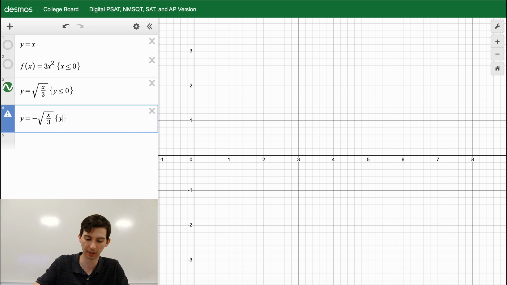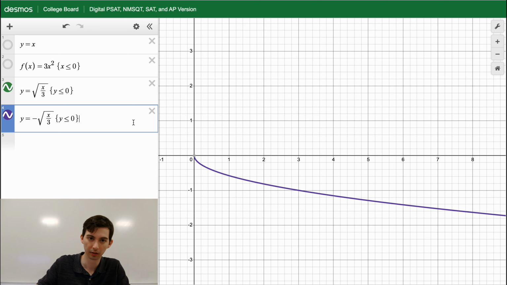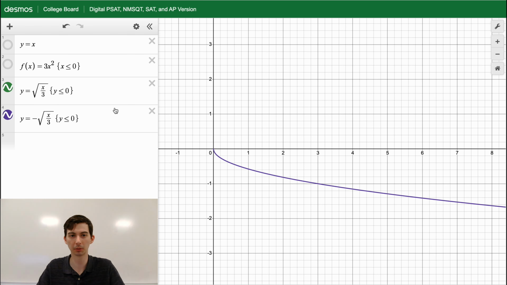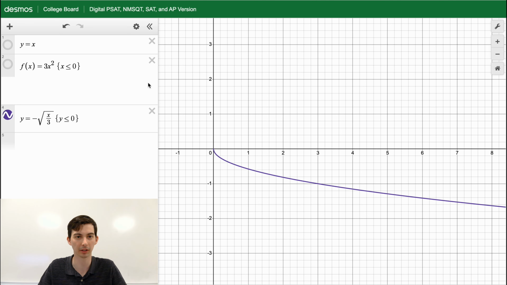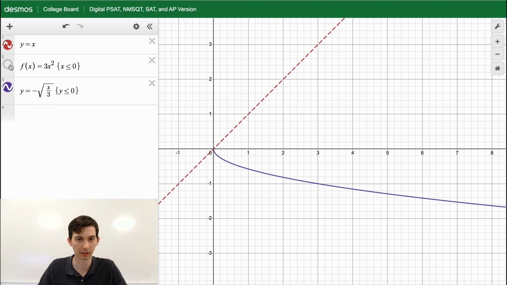But when I do that here, I still get the purple graph. And so what this is telling us is that no part of my green graph here has a range that is less than or equal to 0. So the inverse that I'm looking for is actually the negative version of the square root of x divided by 3. So I'm going to go ahead and close this out.